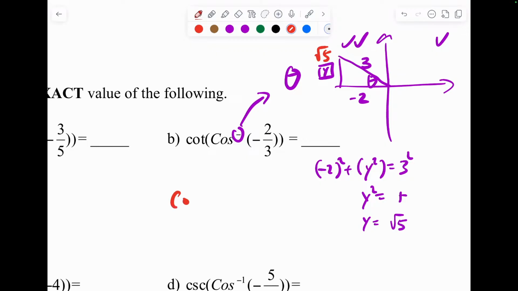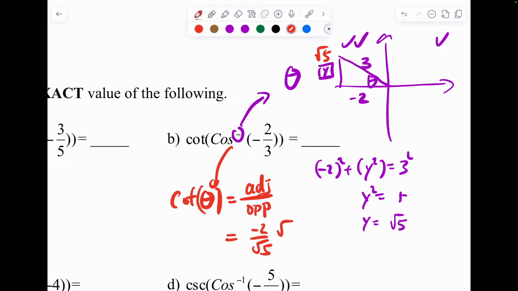Now, since this is the cotangent of theta, cotangent theta is equal to adjacent over opposite. So it's going to be negative 2 over square root of 5. You can rationalize this.